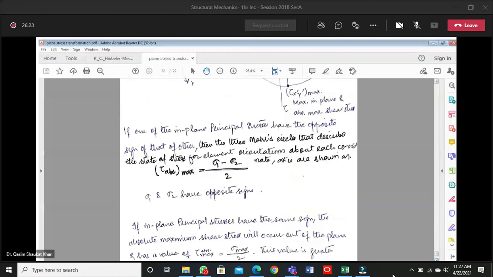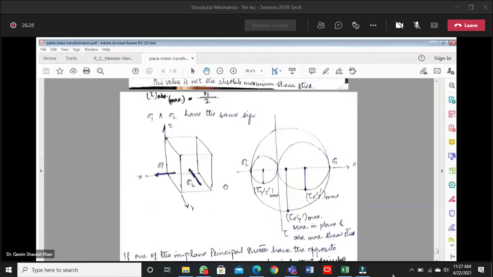guys, should I draw this figure on the whiteboard? You have to note that sigma 1 is positive, sigma 2 is negative. So when I have the YZ plane, I will get this Mohr circle. You can see compressive is negative, sigma in Z is 0, and sigma 2 in YZ, the maximum will be 0 minus sigma 2 over 2.